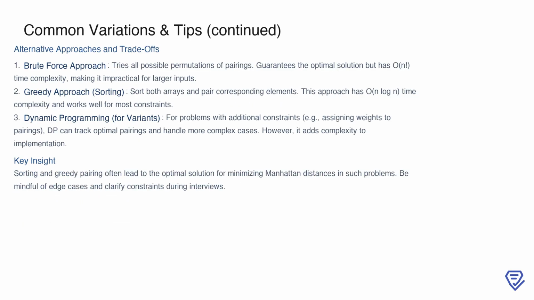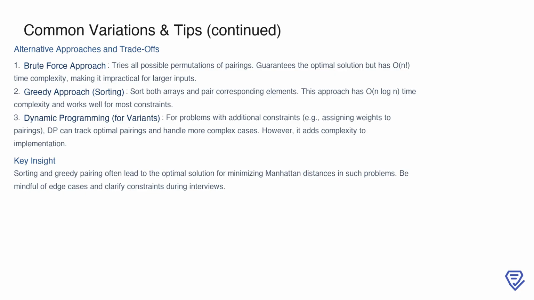There are alternative approaches to solving this problem, each with its own trade-offs. The brute force approach, while conceptually straightforward, involves trying all possible permutations of pairings. This guarantees the optimal solution but has a time complexity of O(n!), which is computationally expensive and only feasible for very small input sizes. A more practical solution is the greedy approach, which involves sorting both arrays and pairing corresponding elements.